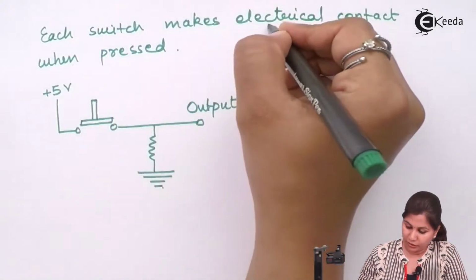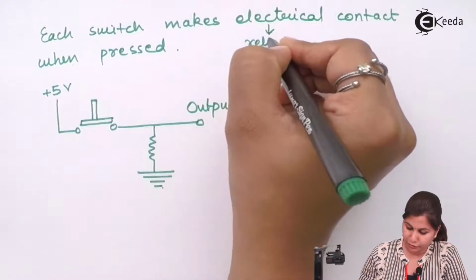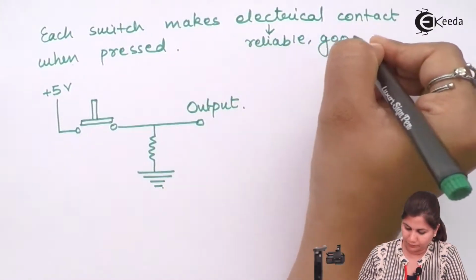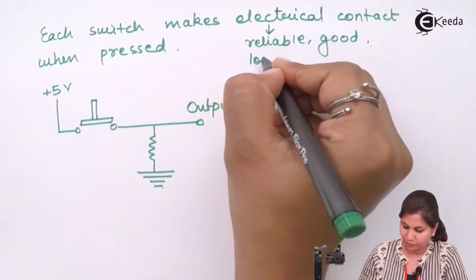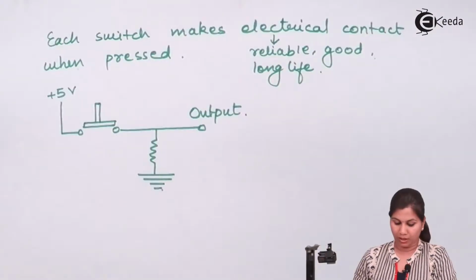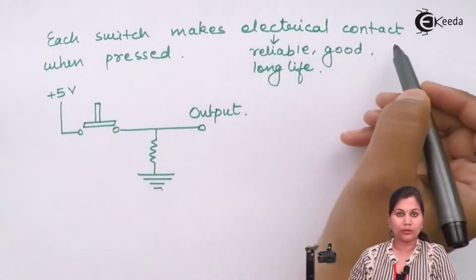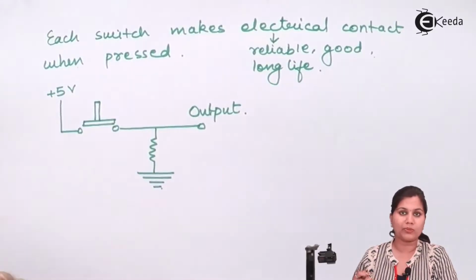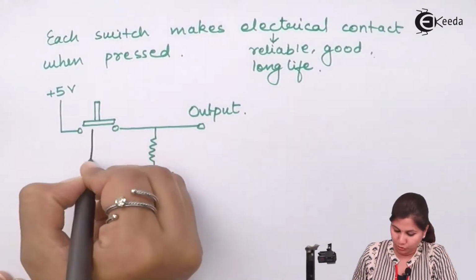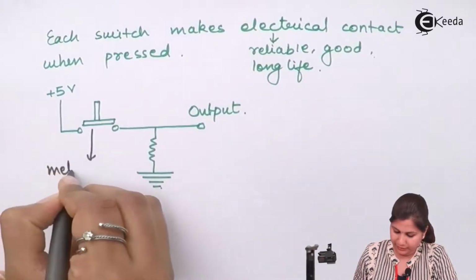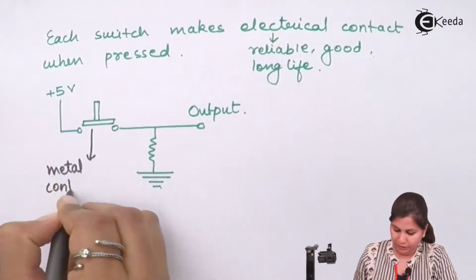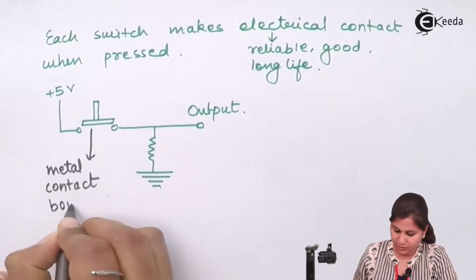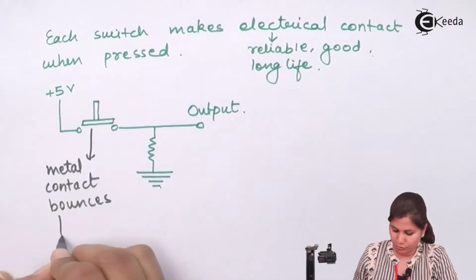Now this electrical contact should be reliable, it should be good, and it should have a long life. This electrical contact, or we can say the metallic contact, is going to bounce a few times. When this switch is pressed, this metal contact is going to bounce a few times.